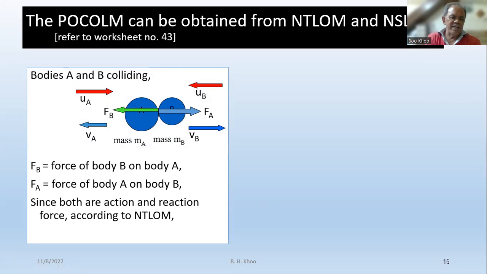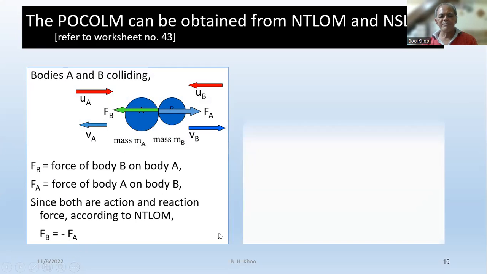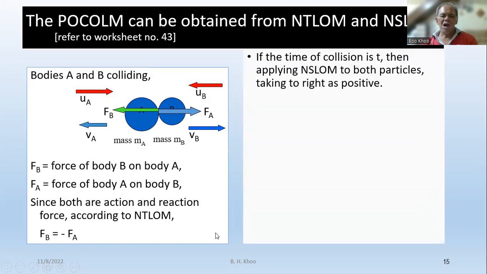Since both are action and reaction forces, you apply Newton's third law of motion. FA is equal to FB, but there's a negative sign there. Let's consider the time of collision is the same. A hits B and B hits A, so the time of collision is the same, T. We use this equation to find this force.